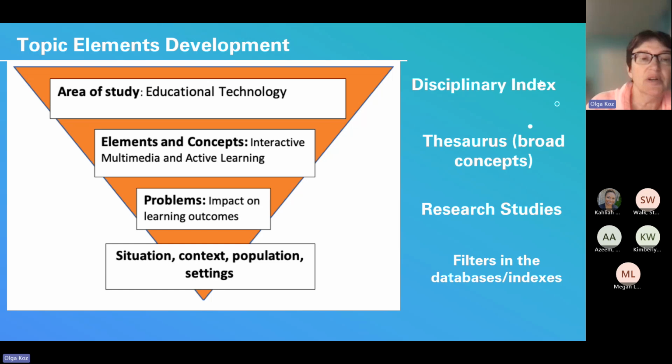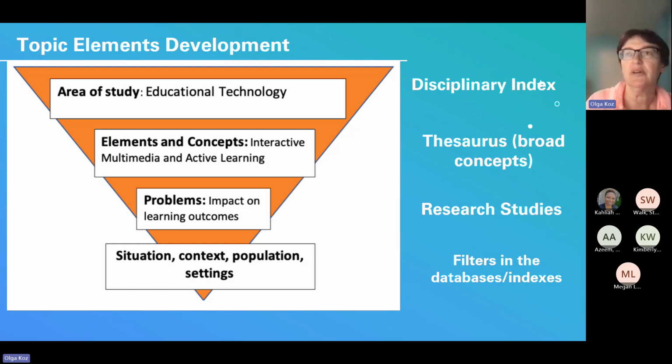So, for example, education technology. If you tell somebody that your topic is that you study education technology, it is too broad because it's a whole area of study. You work with a thesaurus. For example, we use the ERIC thesaurus, the Education Source thesaurus.